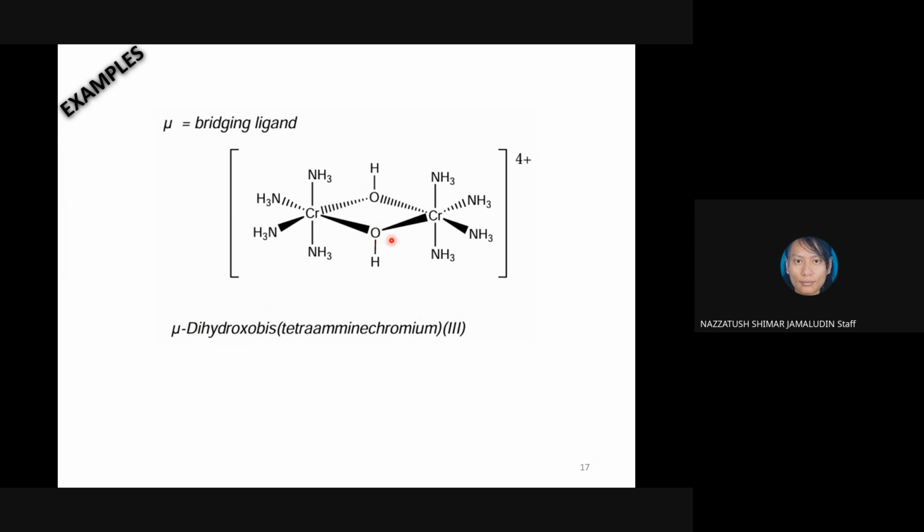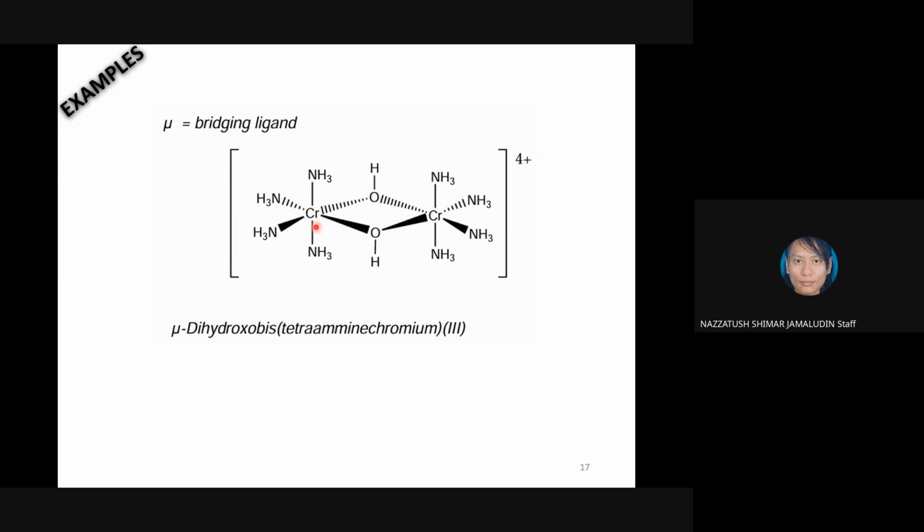You see the hydroxide is forming a bridge with 2 chromium. So you have a mu followed by the ligand that forms a bridge, hydroxo. Hydroxide becomes hydroxo. How many hydroxo? 2. So mu dihydroxo. Bis, why is there bis?